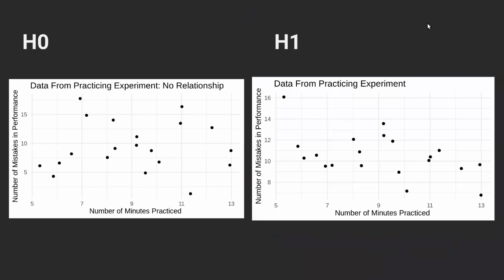So to get a little more specific about what I mean between something happening and nothing happening, the idea with null hypothesis significance testing is that we want to compare what we found with what would be the case if nothing was happening. You have to imagine what the data would look like if nothing was happening.